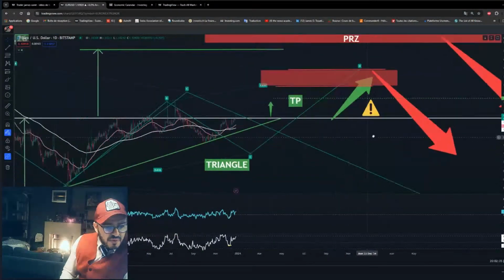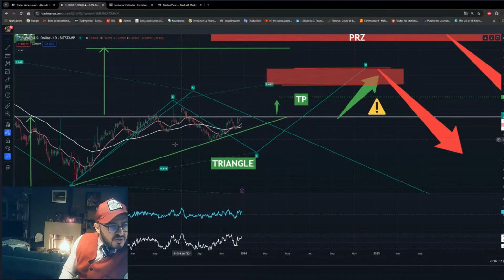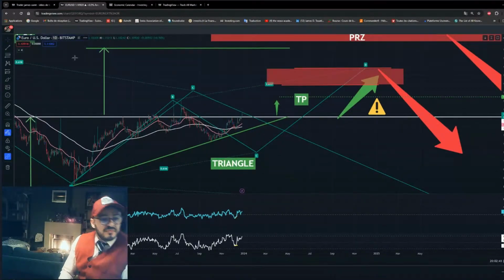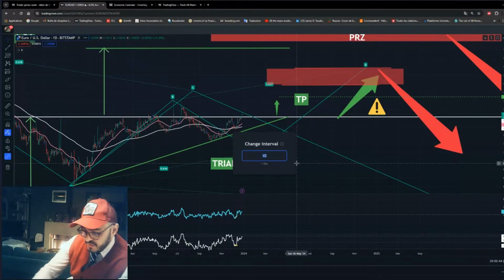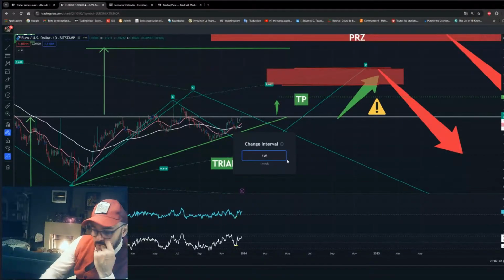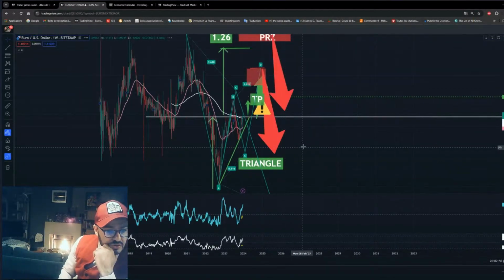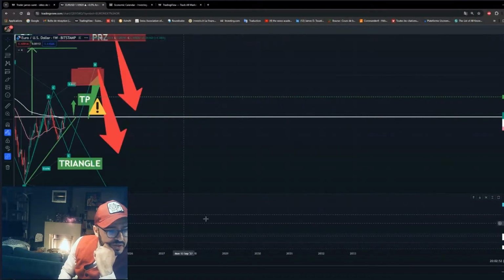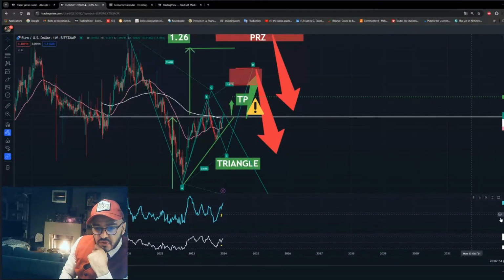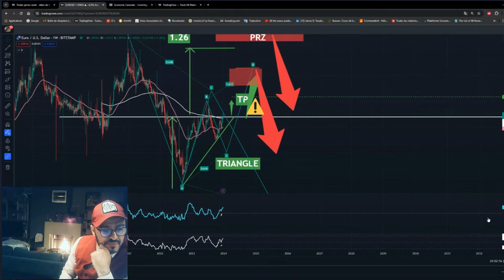It's a signal. Plus, I can show you another thing. Maybe we can go here, weekly, 1 week. What do we have on 1 week? The ROC, the rate of change.